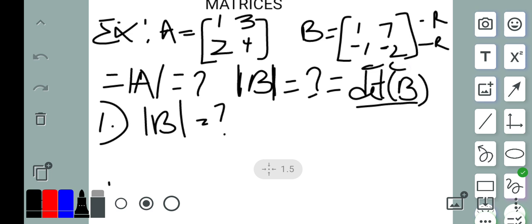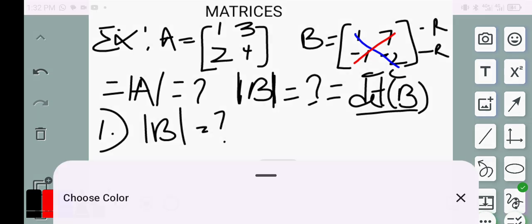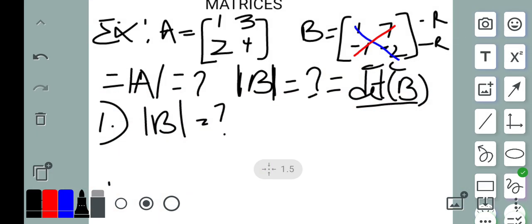So what am I saying? I'm going to multiply 1 and minus 2 together and subtract from it 7 times minus 1. So what is 1 times minus 2?